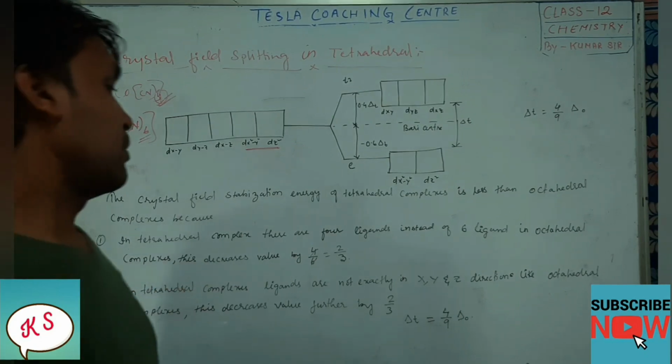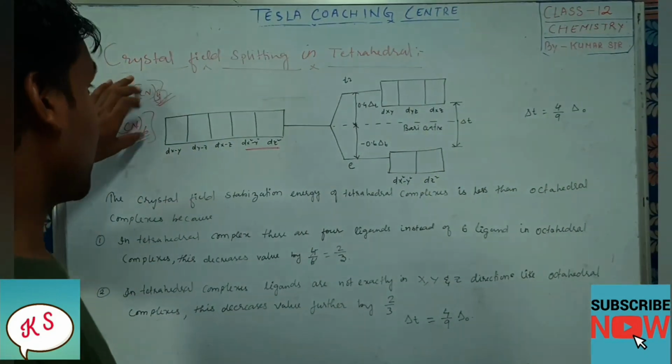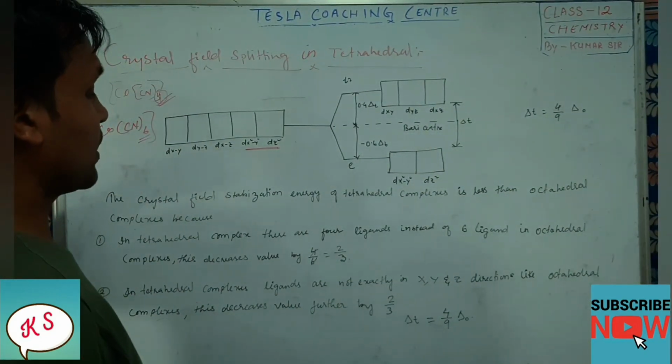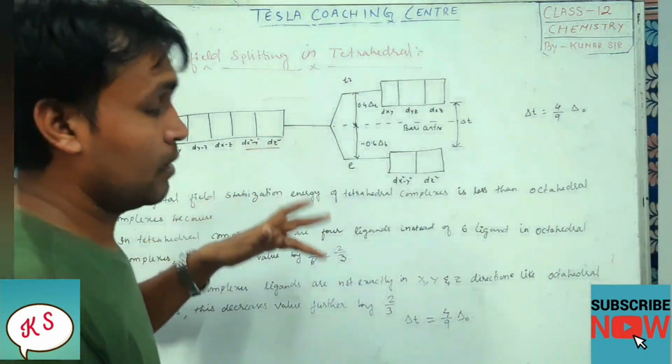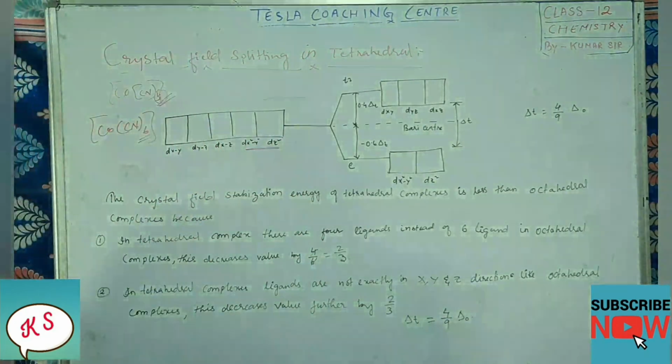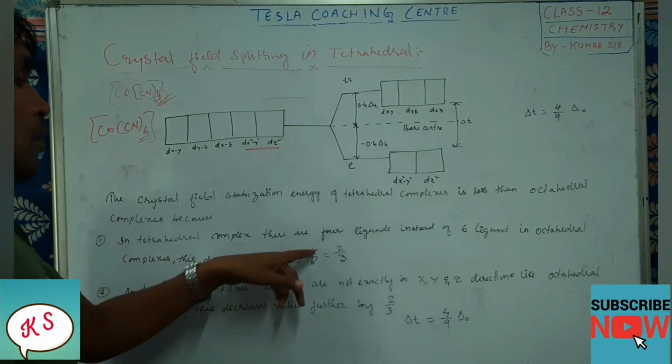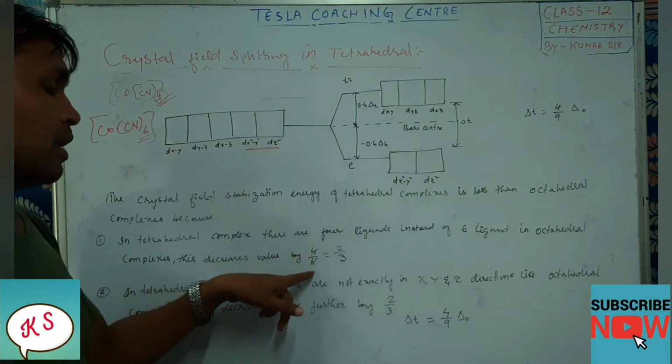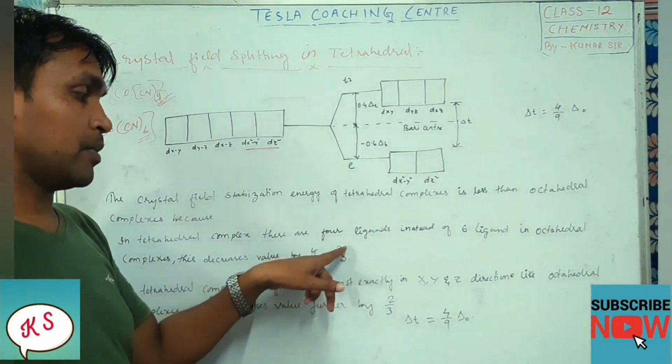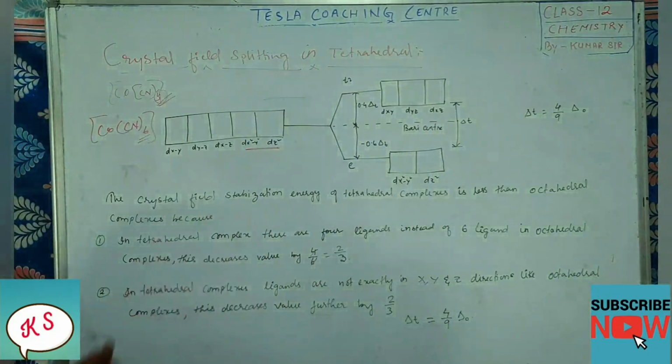This decreases the value. The del splitting energy value will decrease. So 4 by 6, tetrahedral 4, octahedral 6. So 4 by 6 will come to how much? 2 by 3. That is the number 1 reason.